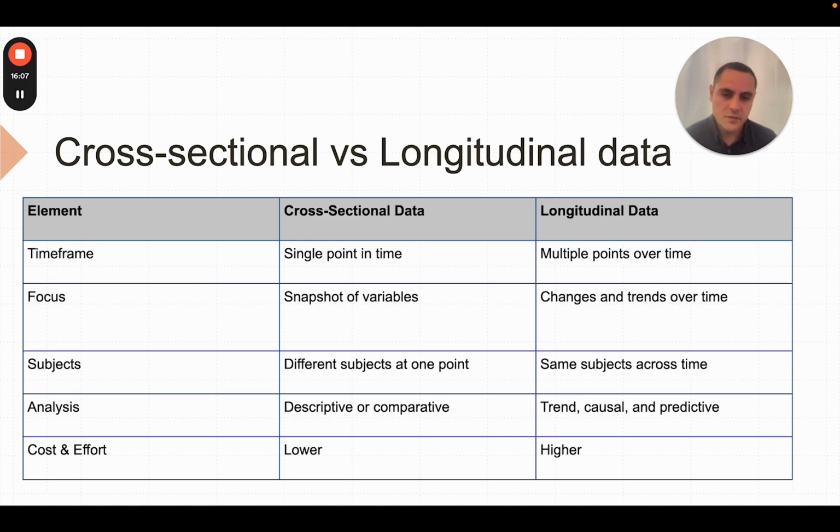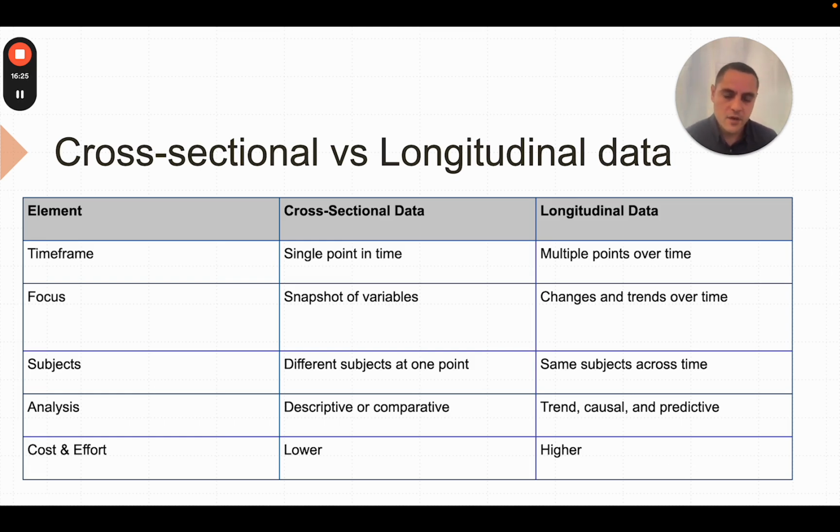And the types of analysis we can do is descriptive or comparative. Obviously, the cost or the resources that we would need to expend is smaller for cross-sectional, right? We're only doing it once, really. We're capturing that data once.